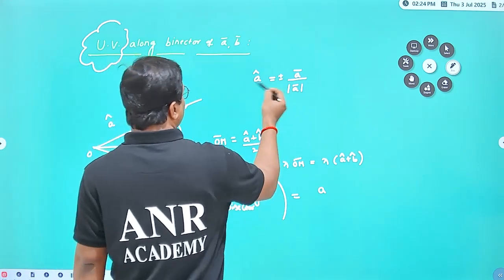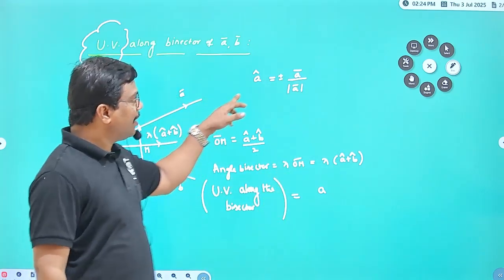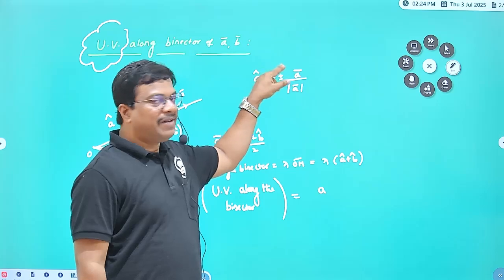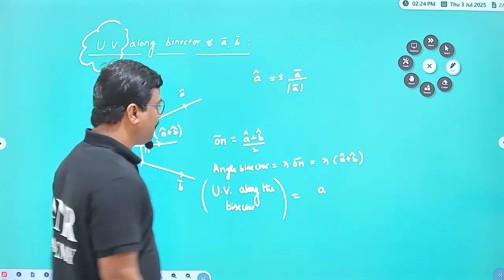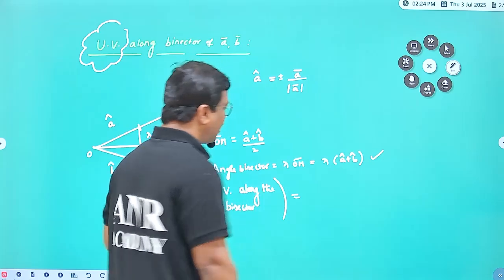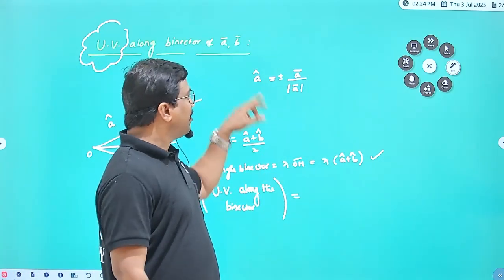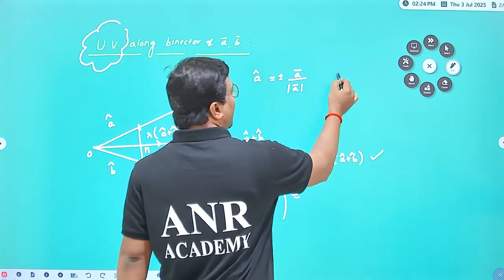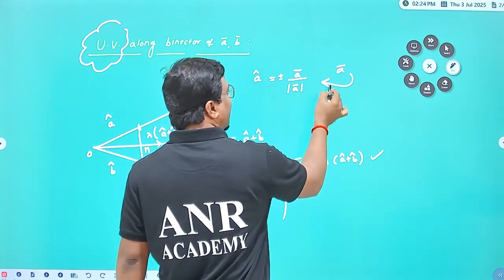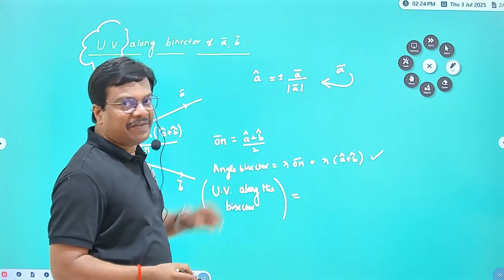In general, if there is a vector a bar, its unit vector denoted by a cap equals the given vector divided by its magnitude. So here the given vector, the angle bisector, is clearly lambda into a cap plus b cap. Whenever a vector is given, we write the given vector divided by its magnitude to get the unit vector.